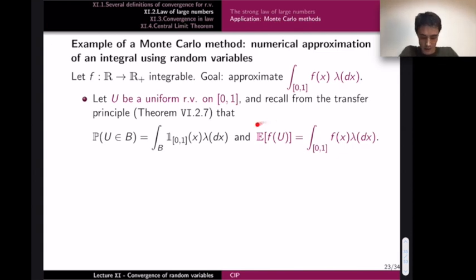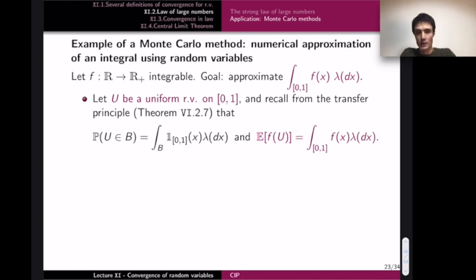And the expectation of f of U is precisely the integral of f of x times the indicator function on 0, 1 integrated against lambda of dx. So this integral is exactly the expectation of this function.